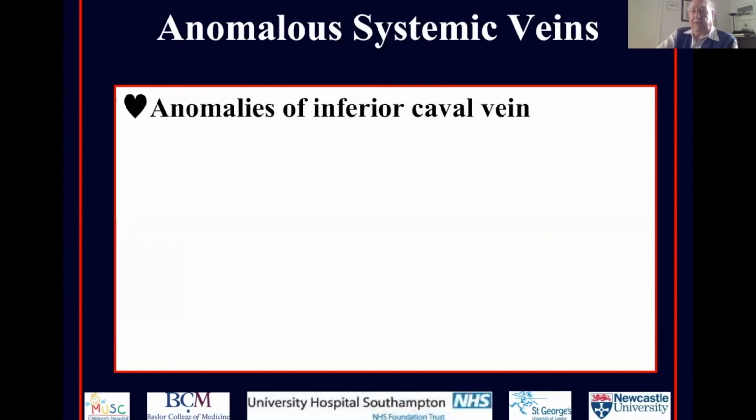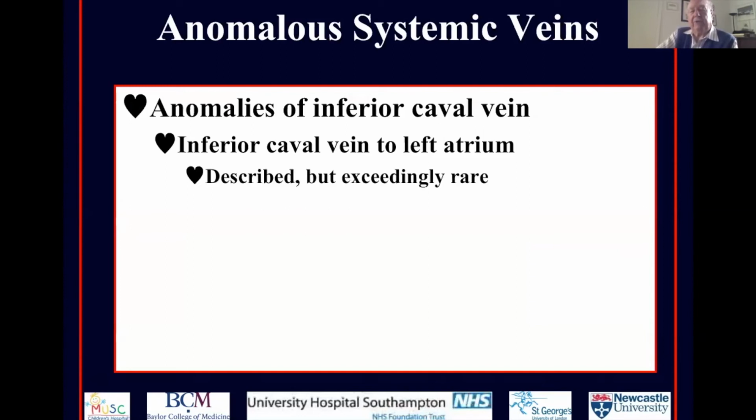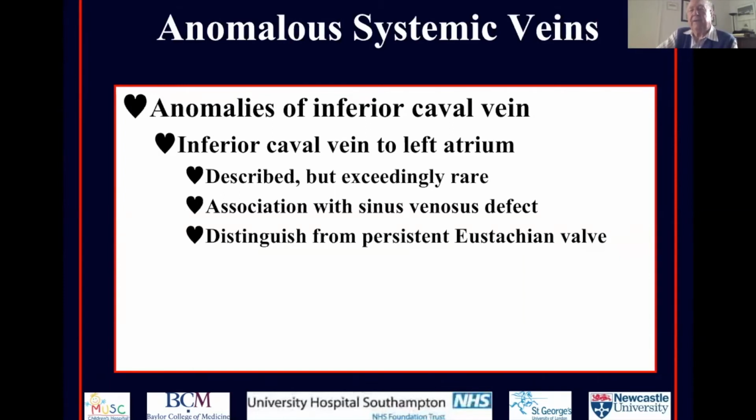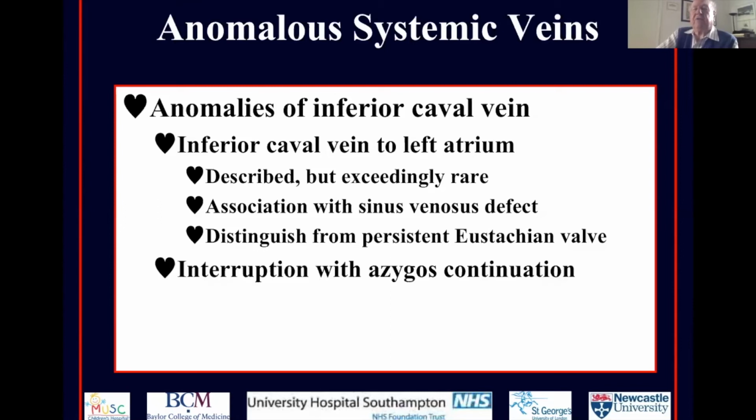And I'm dealing with the common systems first. So when we look at the inferior caval vein, let's forget for a moment the inferior caval vein coming to the left atrium. It can exist, but it is very rare. It's associated with a sinus venosus defect. But we need to distinguish that from persistence of the eustachian valve, because that can deflect the inferior caval vein into the left atrium.